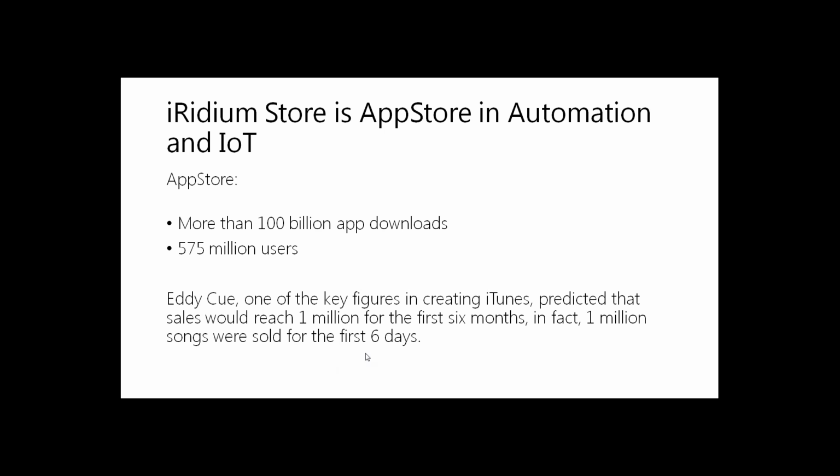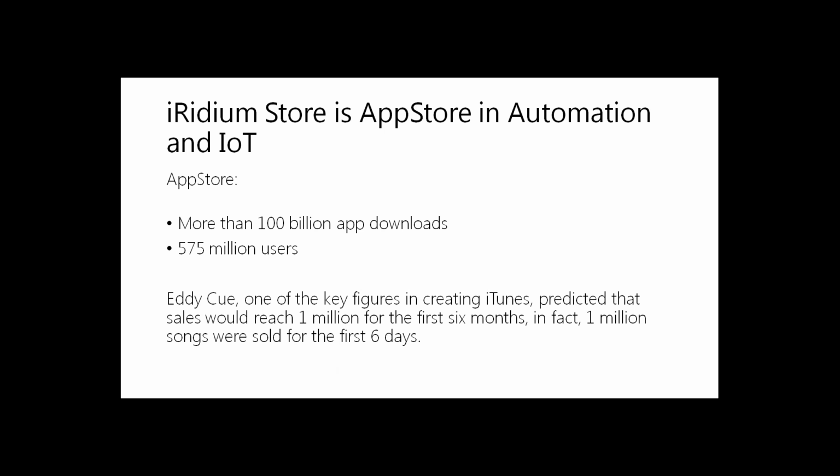Sometimes integrators, maybe you, come to us and ask, how do you predict how many modules I can sell? There are some figures for sure, and I'll speak a bit about them further on.